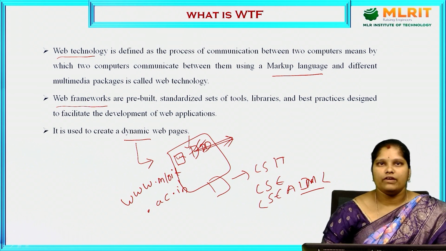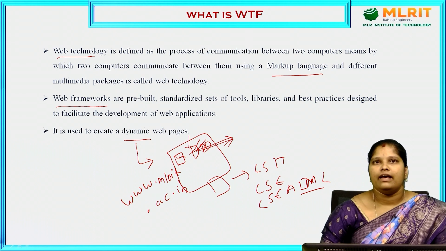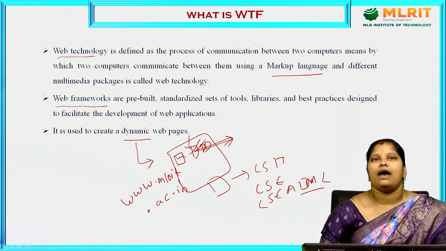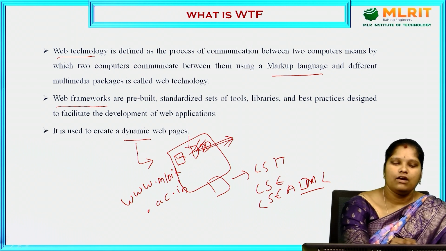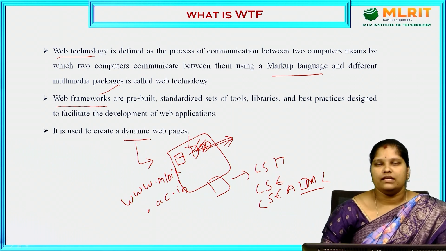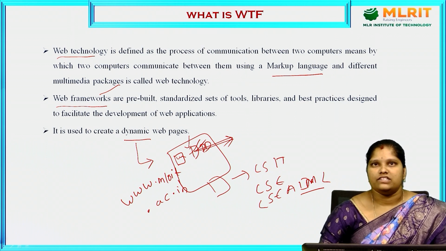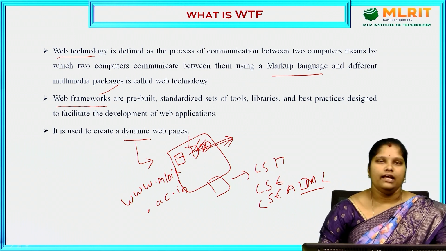A web framework is a set of pre-built and standardized tools and libraries for developing web applications. This is called a web framework, right? Why we use WTF: for creating dynamic web pages by using pre-built and standardized functions for developing web applications.